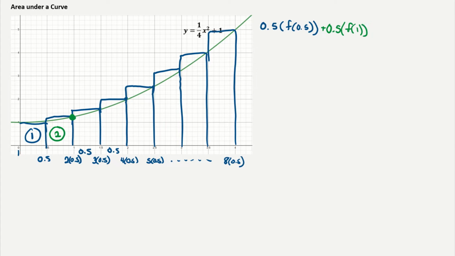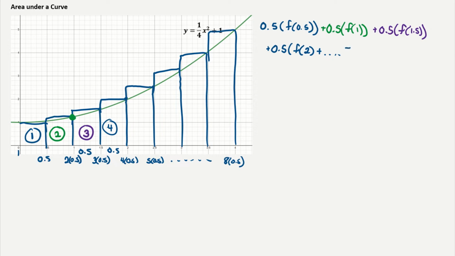Then we move over to the third rectangle, and again the width is 0.5, but this time it's f of 1.5. Go to the fourth one and we'll start seeing the pattern here. Again, the width is 0.5. We go to f of 2. You see how the x value is increasing by 0.5 every time? It's increasing by that change of x.